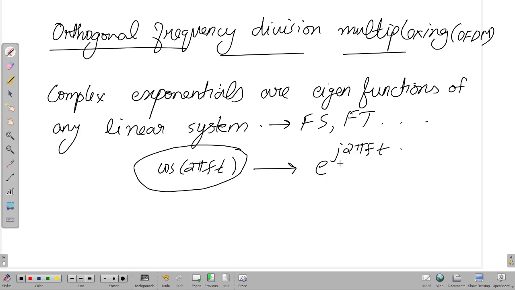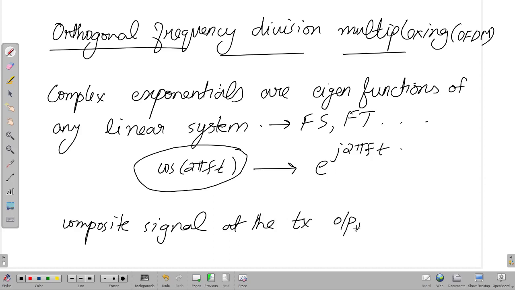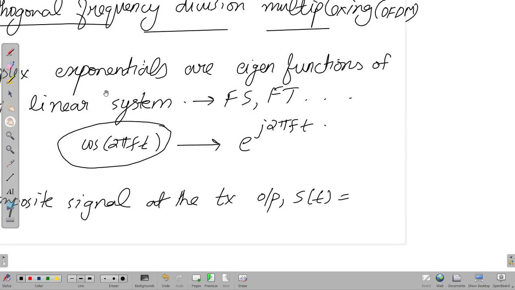When I do that, my composite signal at the transmitter output, which I denote by s of t, becomes the summation i equal to 0 to N minus 1 of si times e raised to j 2 pi fi t.